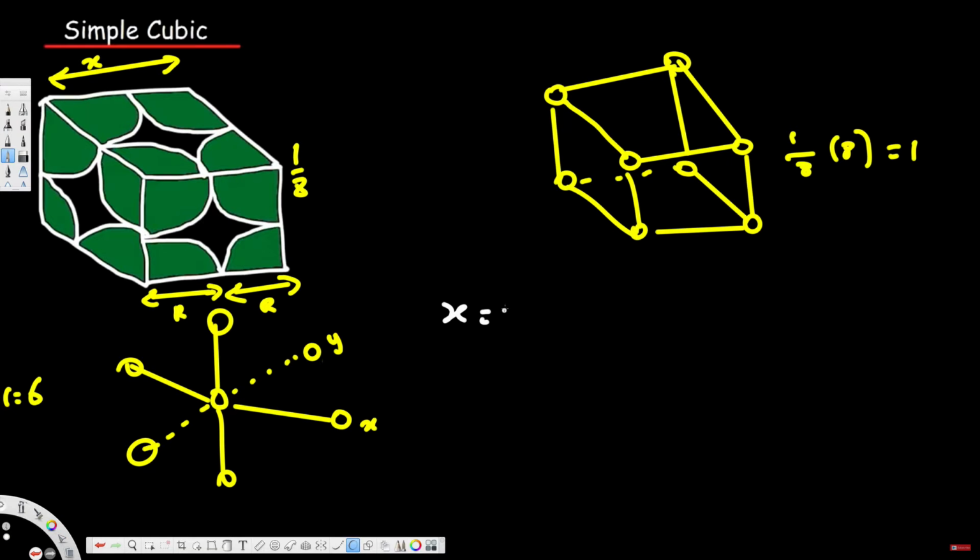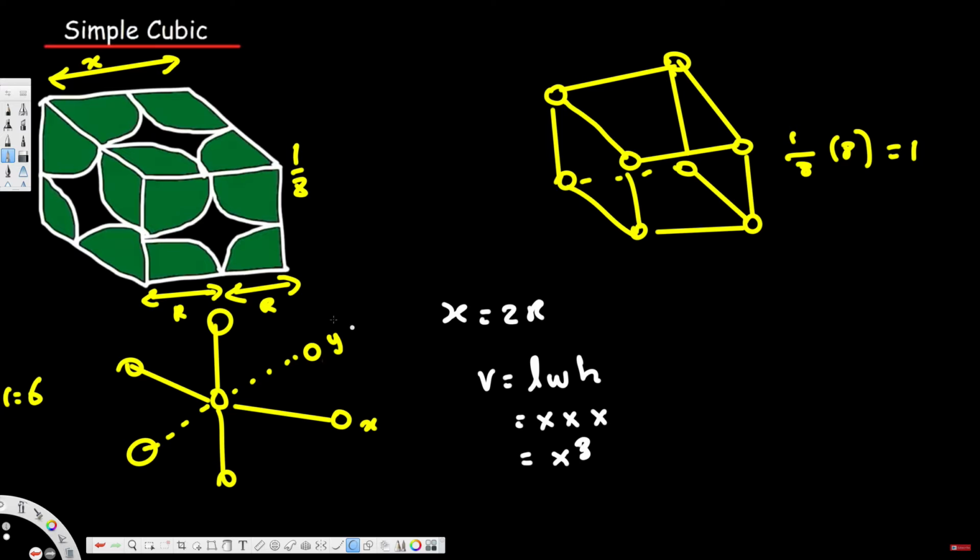Therefore, if we look at the volume for a cube, we know that it is length times width times height. Since all the sides are equal for a cube, if we say x, then x times x times x, we will have x cubed. So this is going to be the volume.